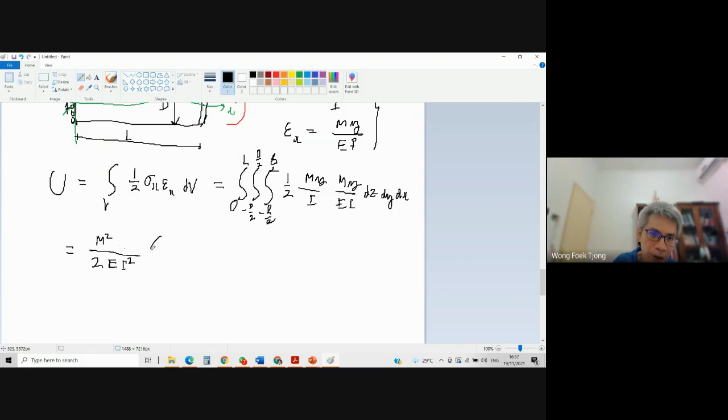So this is the integral over the length L, dx.